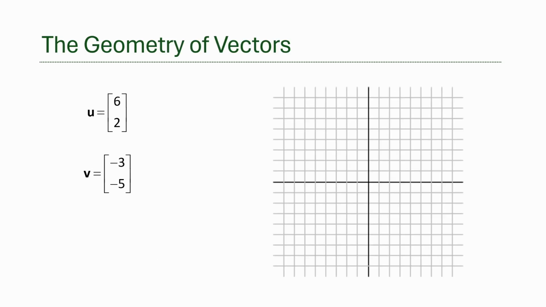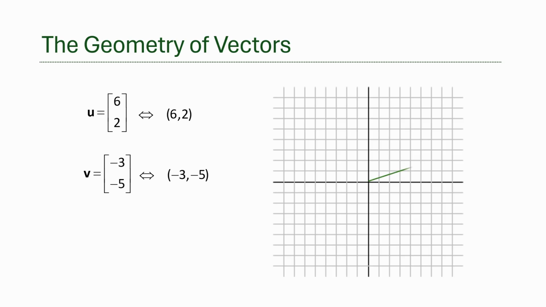So we can create a connection between vectors, and most often we'll use these column vectors, and geometric points in the plane. So for example, the vector u would be equivalent to the point (6, 2), and v would be paired with (-3, -5). Visually, we represent a vector by putting its starting point at the origin and drawing an arrow out to the endpoint.